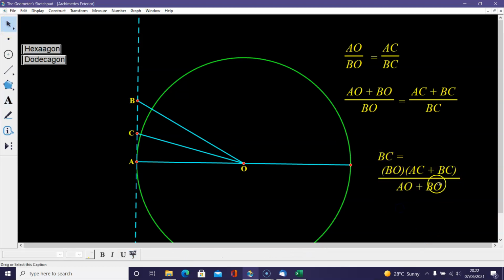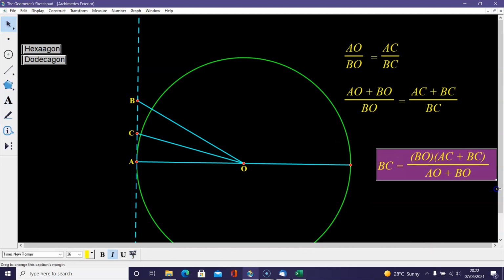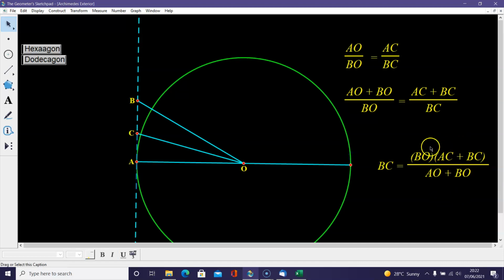And I'm going to spread this out so that we can see this all on one line.